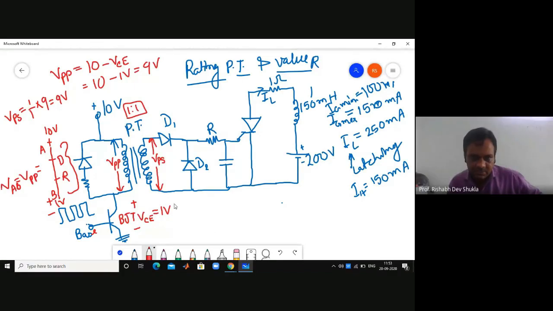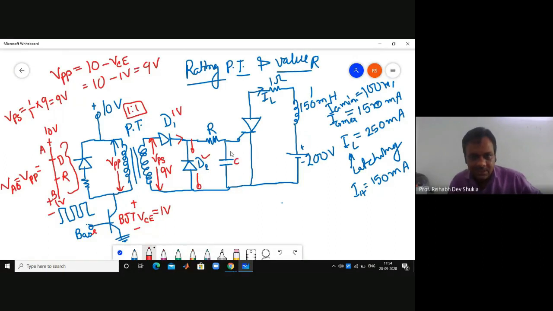VPS is your 9 volt. Up till here you will get 9 volt. Now this diode has 1 volt drop. In this junction, because this is a DC signal, the diode is reverse biased, so there is an open circuit. So no effect of this D2.